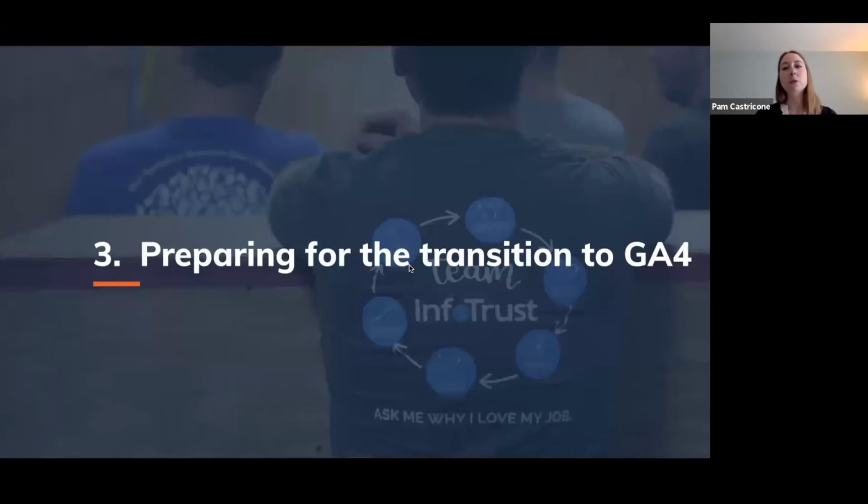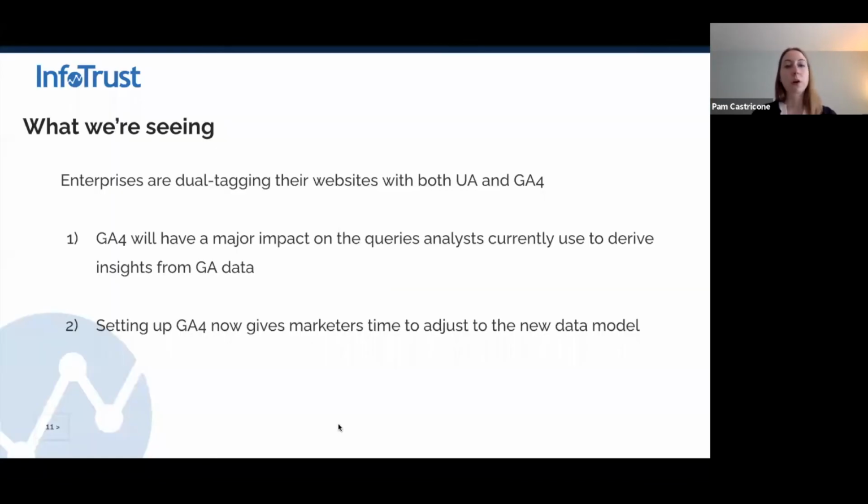And then the last thing we're seeing with our enterprise partners is that they are preparing for the transition to Google Analytics 4. Specifically, we're seeing enterprises are dual tagging their websites for both Universal Analytics, which is the current version of analytics that most organizations are using, and GA4, which is the new version.